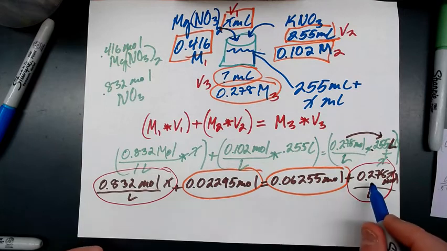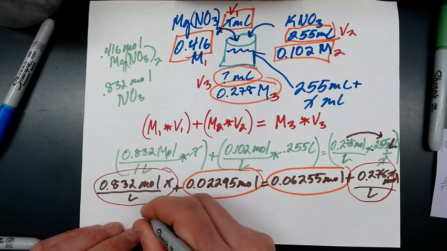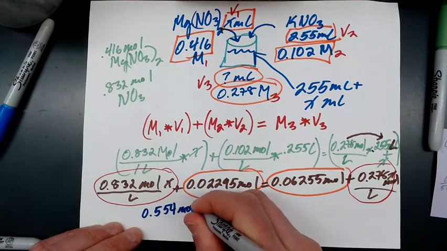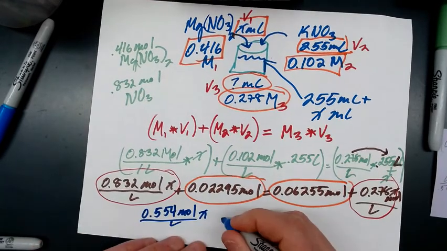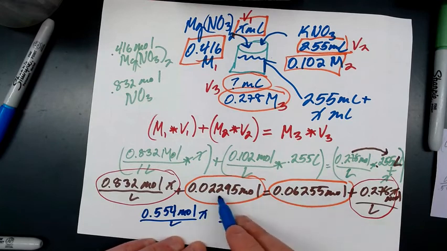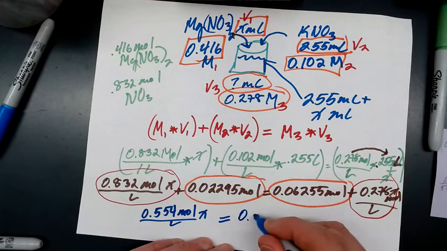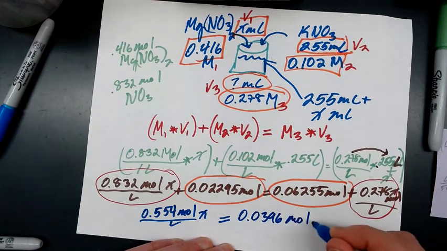When I subtract the 0.278 from the 0.832, I get 0.554 moles per liter X. And that's equal to, I'm going to subtract that 0.02295 from that 0.06255 number, and I'm going to get 0.0396. That's just going to be moles.